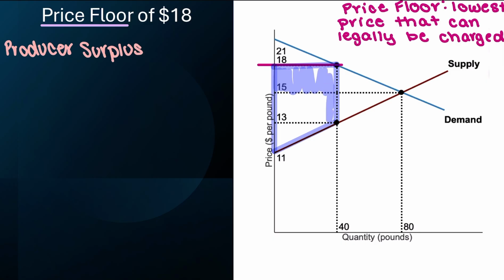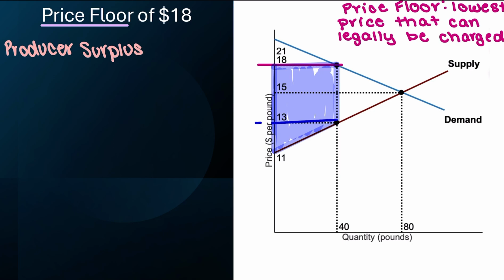So it turns into this trapezoid type figure. And if you choose to use your actual formulas, you can calculate this based off of the different formulas, or you can break it into a rectangle and a triangle.